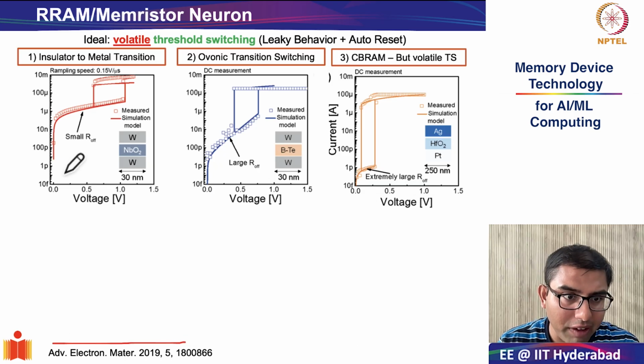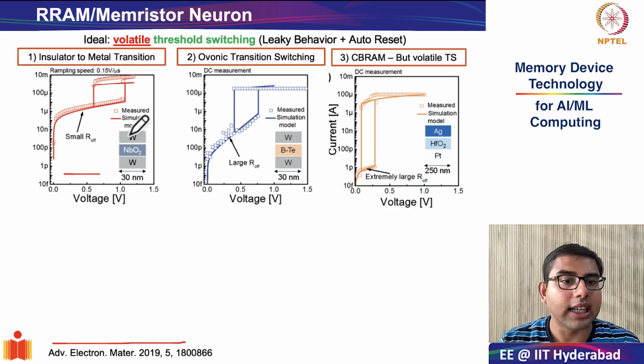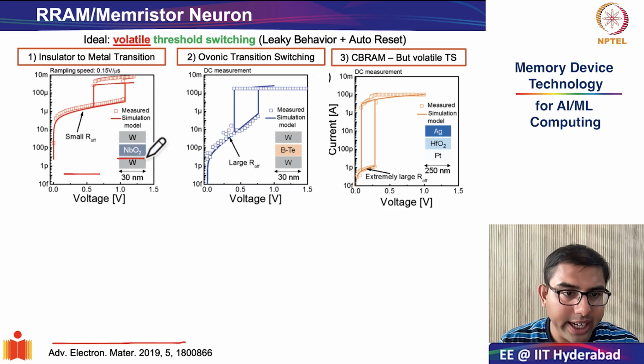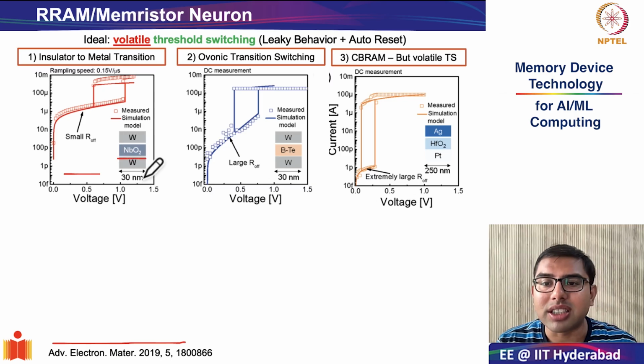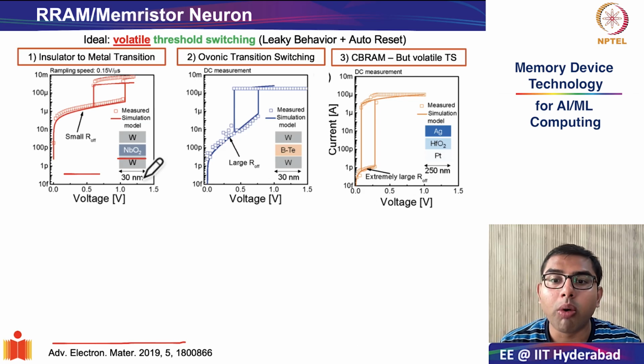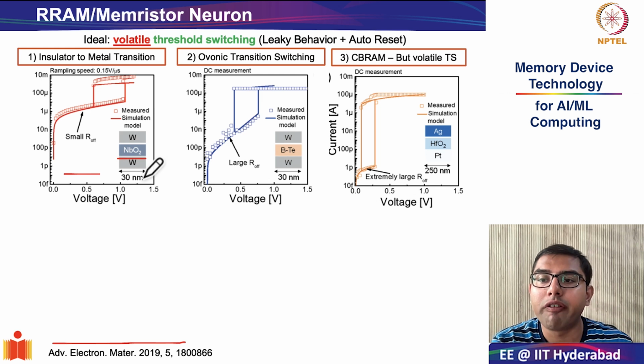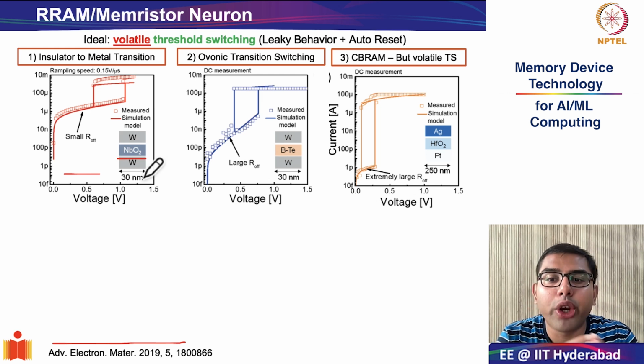So the first graph that we see here consists of a niobium oxide switching element sandwiched between two tungsten electrodes. In NbO2 based devices, this threshold switching occurs due to a field-induced phase transition. When the voltage is high enough, the material transitions from an insulating tetragonal phase to a metallic rutile phase.